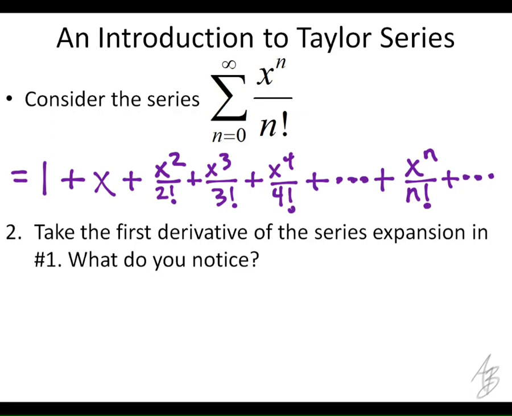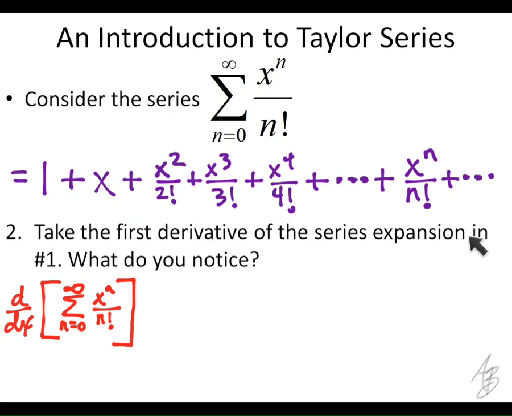What is the derivative? And I'm going to write it like this just to show what we're doing here. It's okay if you didn't do this. But we're going to take the derivative of this sum. And we're going to write it out just for the terms that we have written out.